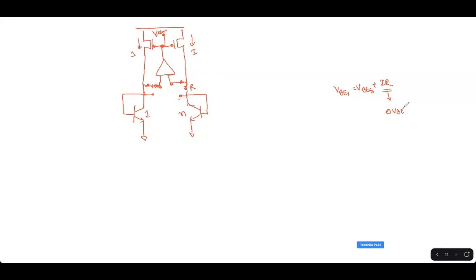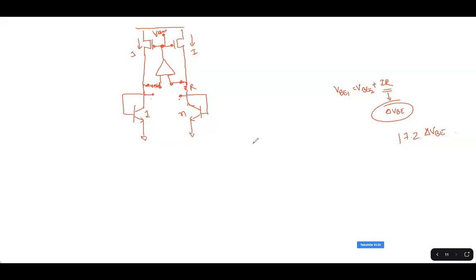Now all we have achieved is del VB only. We have to have 17.2 times del VB. There must be a gain that we are able to get. How do we do that?